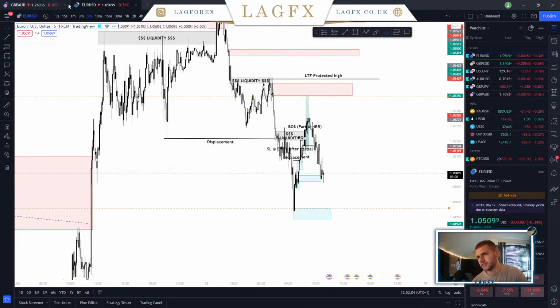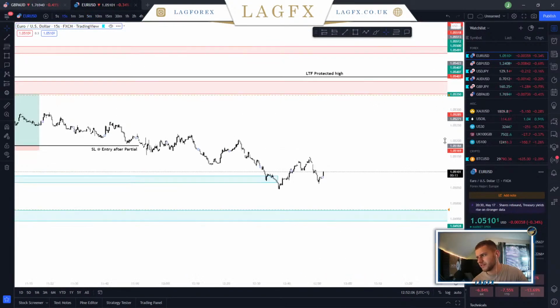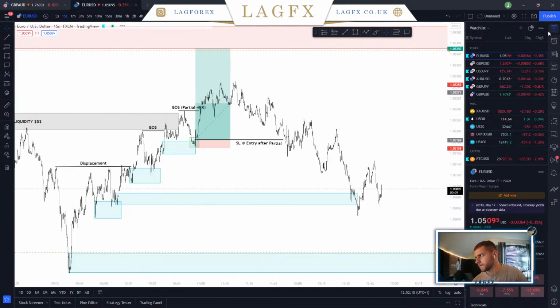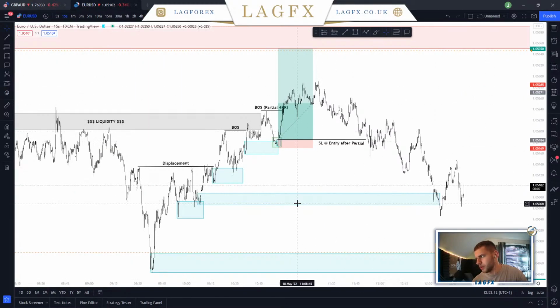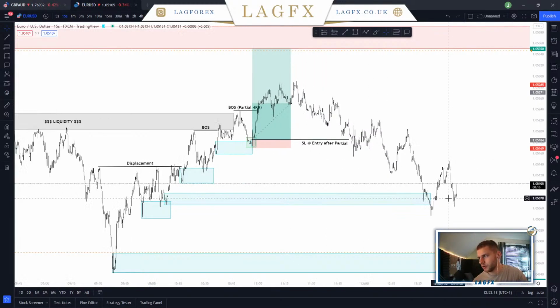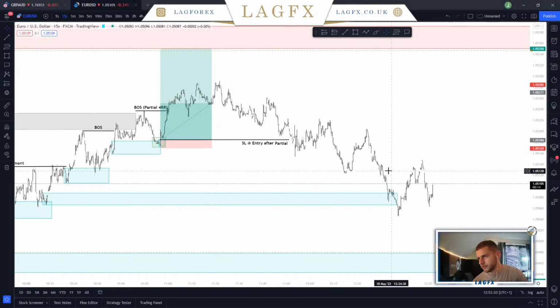Going back to this market, let's see what is happening. Obviously this was a zone that I was hoping to see price have some form of reaction from. It hasn't actually done so. It has been trading bearish since, but if we do manage to see a break of the highs, we may then start to look to go long once again.